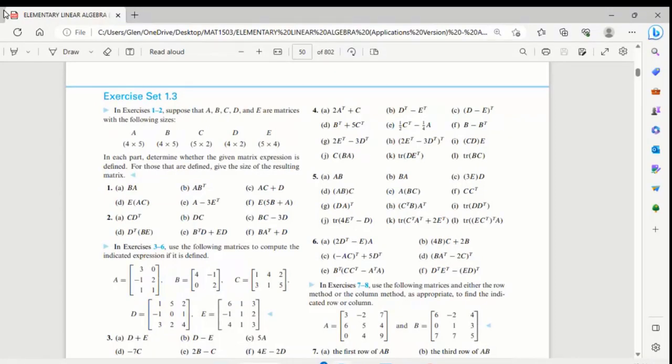Second row, 1 whole and 3/4, and the second entry negative half. Last row, 3/4, positive? Yes, positive. And 2.